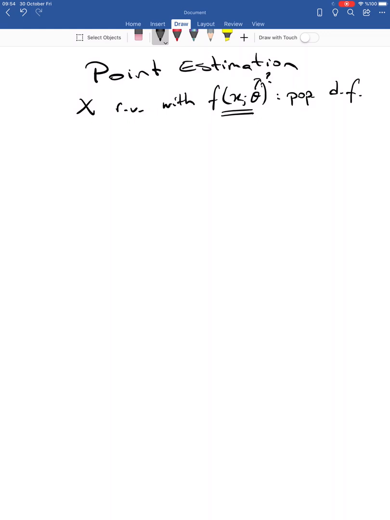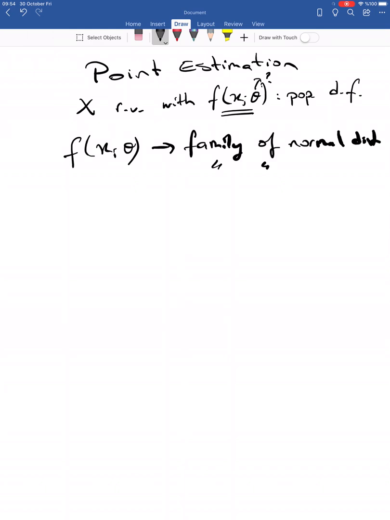So it may be possible to assume a PDF is a member of some known family. So we can say that, okay, we have this one, but it is a family of, let's say, normal PDFs, normal distribution. Or we can say that it's a family of gamma type.